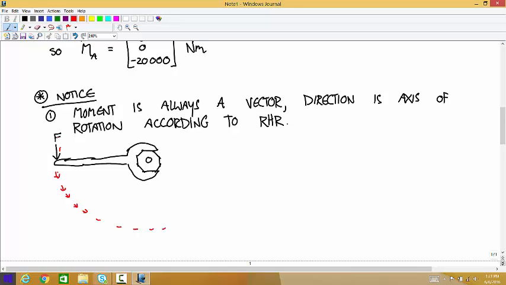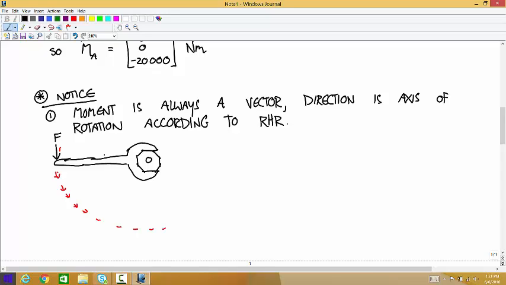And the moment is a vector that's parallel to the axis of rotation. So if this is moving in a circle like this, the axis of rotation is like the pin that you would have to put in here for it to rotate around. So the axis of rotation is either going this way or that way. And then it has to work according to the right-hand rule.